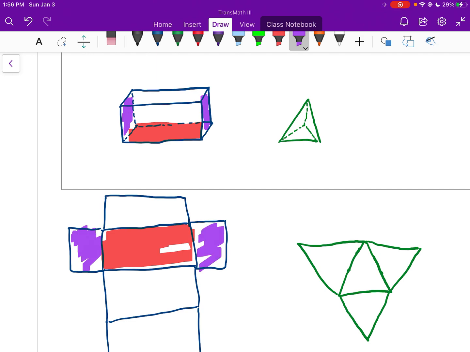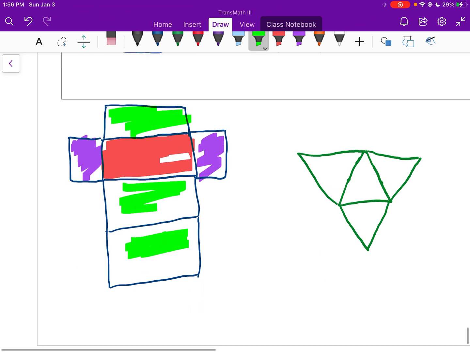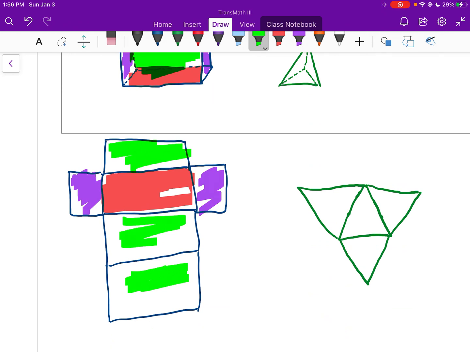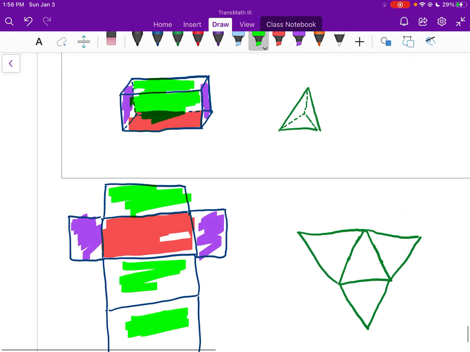And then unfolding those other three faces, that is where you'd get these ones. So the big thing there is we have 6 different faces. We had 4 rectangles and then 2 squares there. So when we're looking for those, I need to see 6 faces.